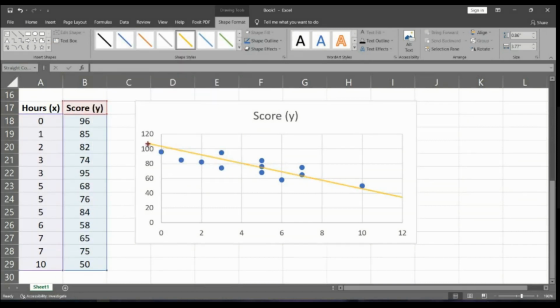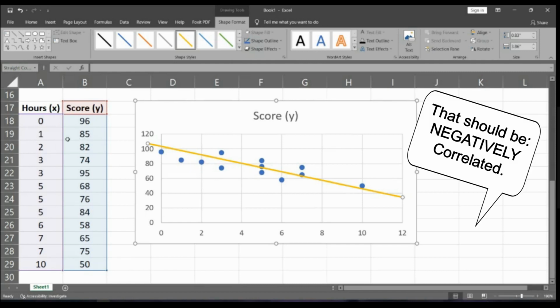The points tend to follow this straight line. And as you can see now, the straight line is falling to the right. The slope of this line is negative. Therefore, our initial hypothesis is that the two variables are negatively correlated.